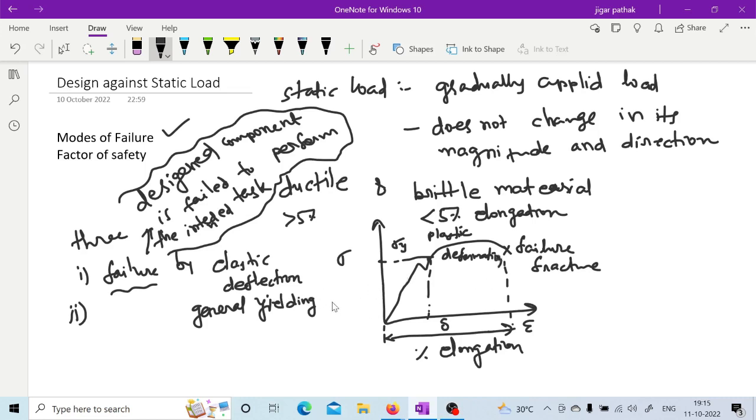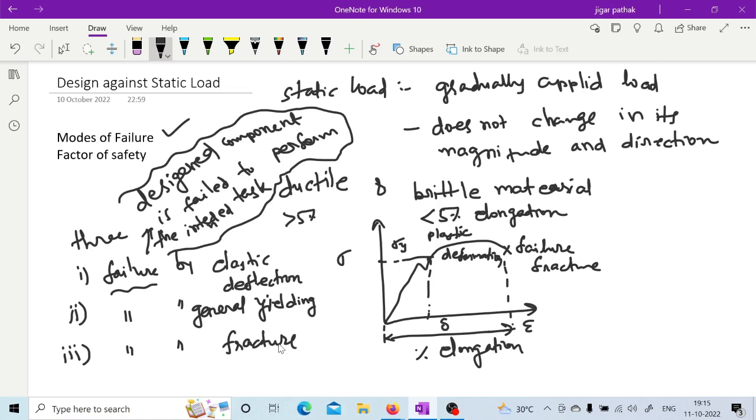So sometimes whatever component you have designed, if it is plastically deformed, then also it is not going to be able to perform its intended task, and that is why it is known as a failed component. So failure by general yielding is also one of the modes of failure, and finally failure by fracture.